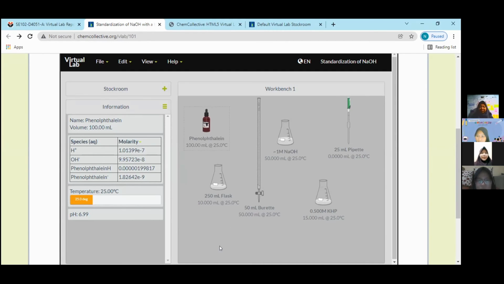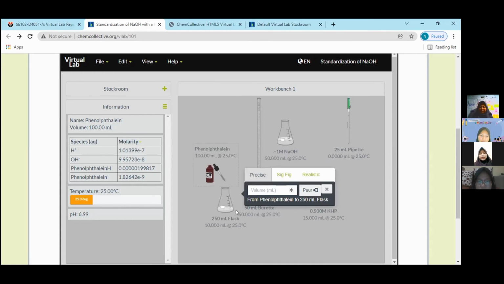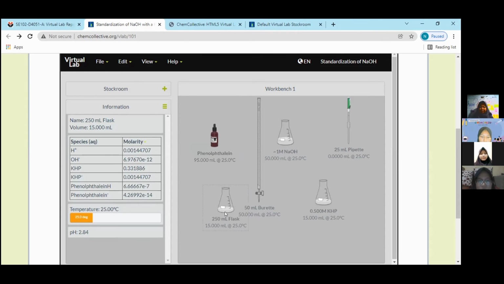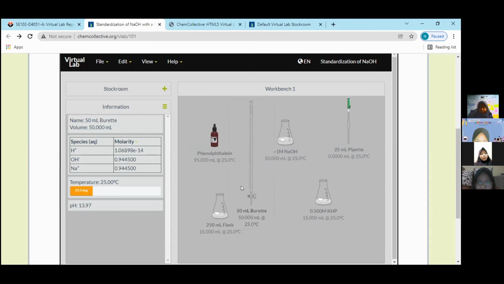The next step is to drop phenolphthalein into the KHP, around 5 ml. After that, put the flask under the burette and pour the sodium hydroxide slowly until the unknown acid changes color.